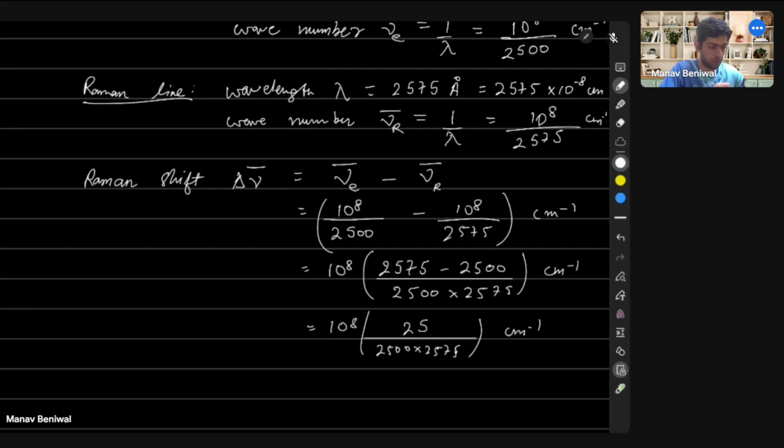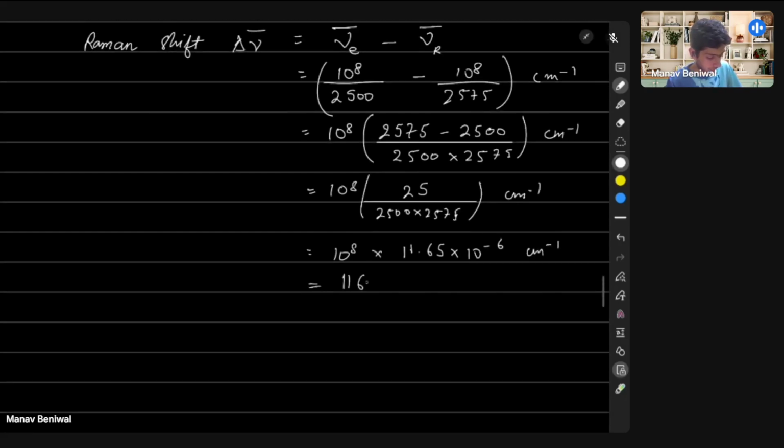So let's find out this value. 25 divided by 2575, times 10 to the power 8. And this comes out to be this much.